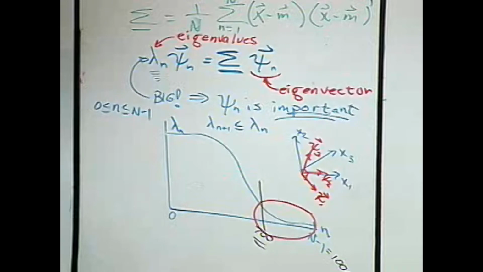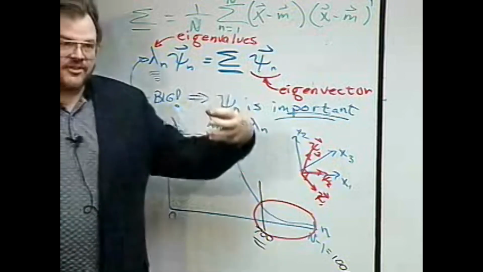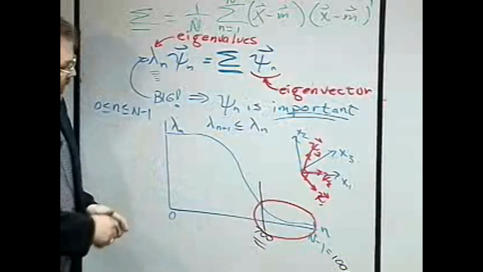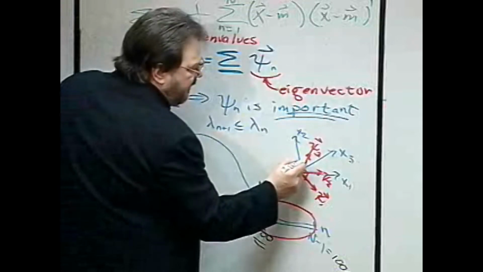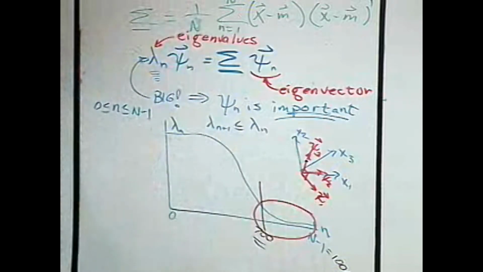But it does turn out to be very useful because there is lots of linear redundancy in data, and this allows us to get rid of it and reduce the number of features. Now you'll notice this, unlike the feature selection, uses all of the data. When I find my coordinate in lambda 3 here, I need my x1, x2, and x3 component. I'm combining them in some sort of way.